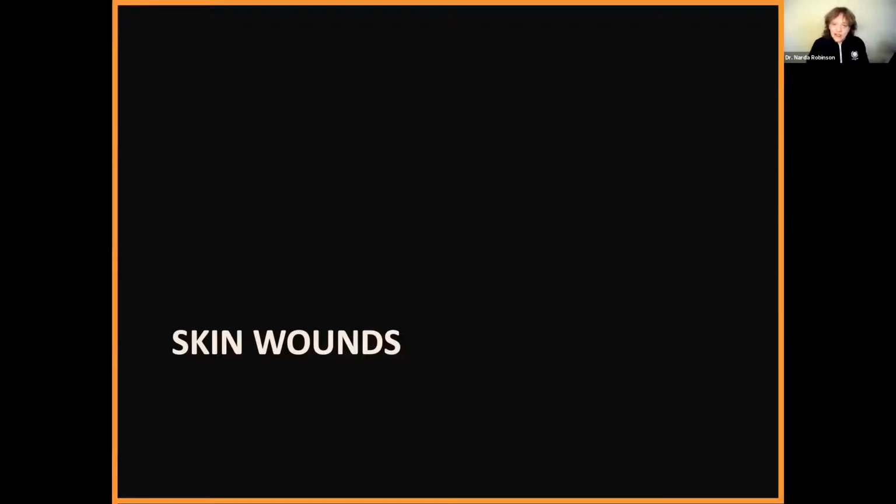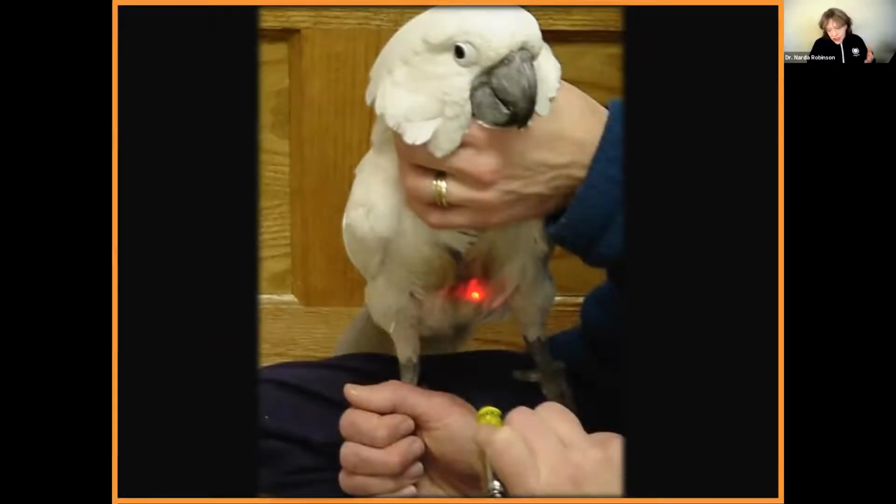And so when we're talking about skin wounds, this was actually the first patient that I saw during my 20 years of working at CSU as a faculty member. I just had a little laser pointer like a cat toy, and this bird was self-traumatizing, feather picking, and I just painted it on, like we do even with a class 4 device, just shone it at the skin, and it had some remarkable improvements there.